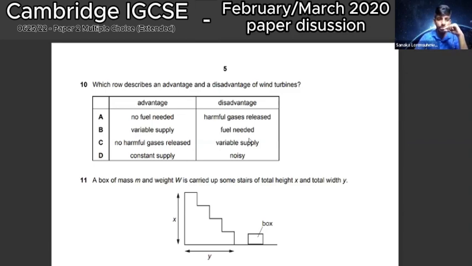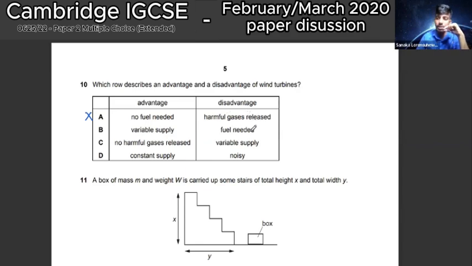Actually, a little bit of fuel is needed for the turbine, to rotate it. So no fuel needed is not really an advantage, and A is not the answer. For B, variable supply is actually the disadvantage, not an advantage.